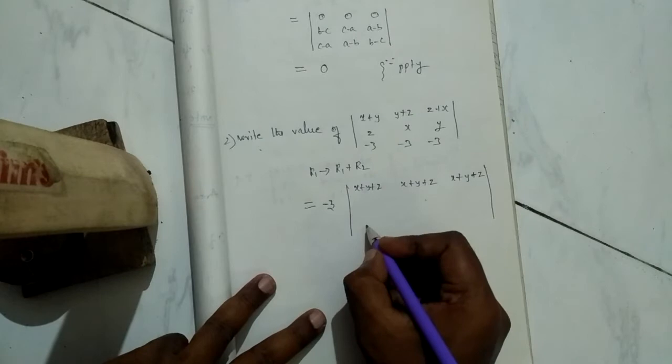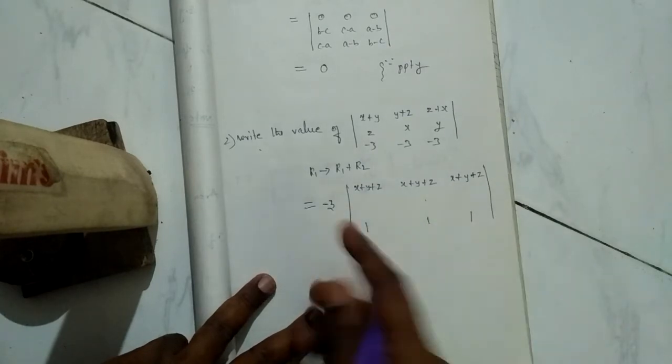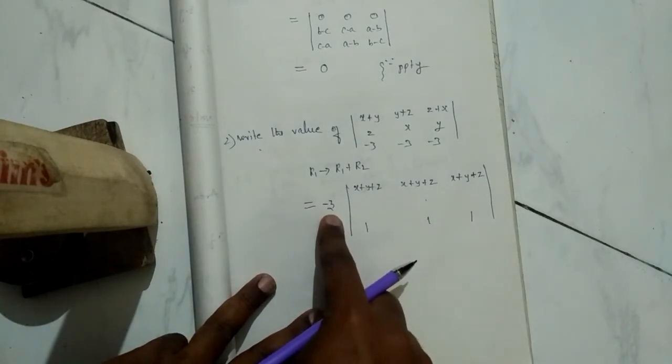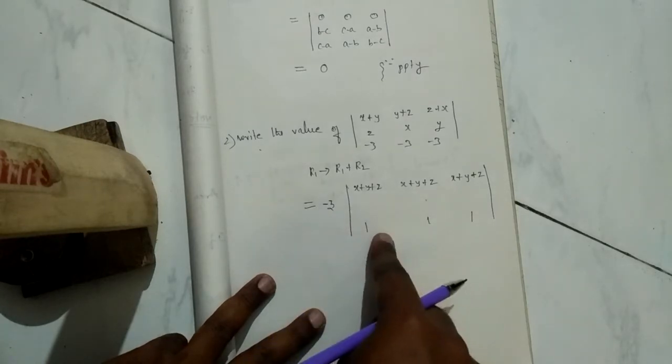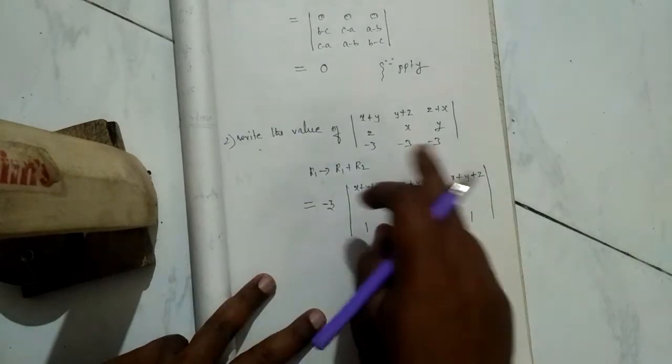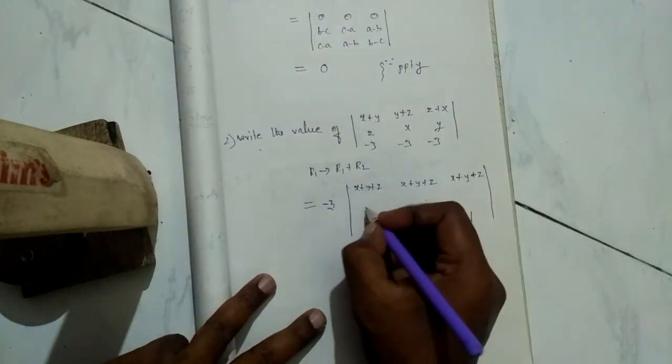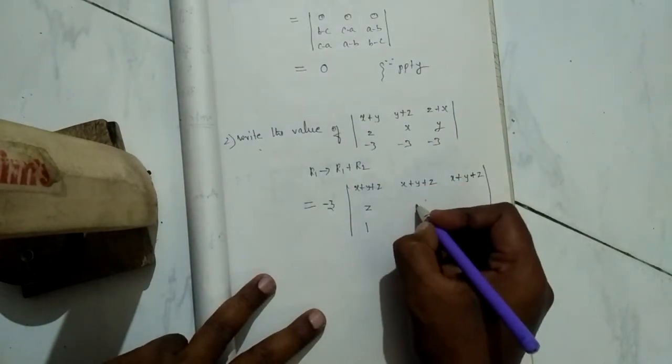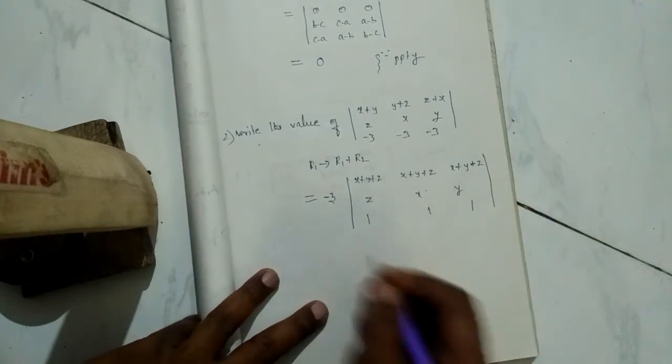The third row will become 1 1 1. Common factor you can take from either a row or column. That's a property. If you didn't understand this step, then you have to see the properties. Now the middle row, z x y, is as it is.